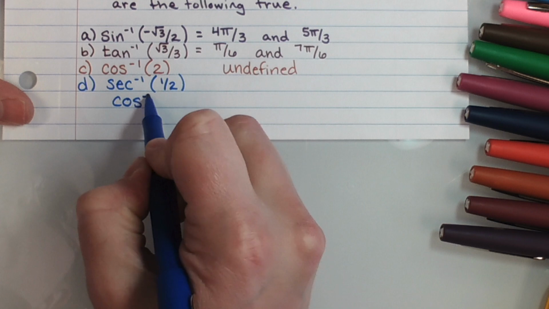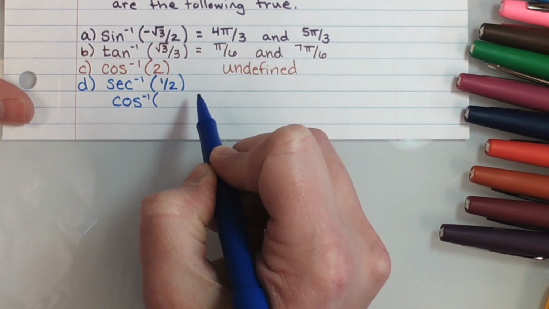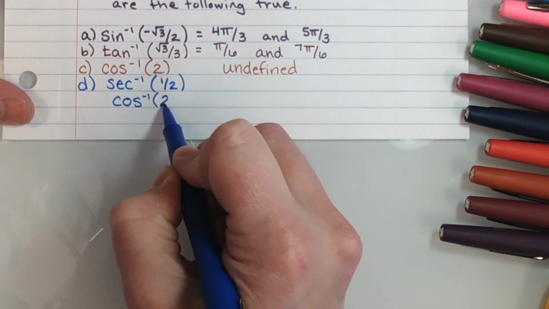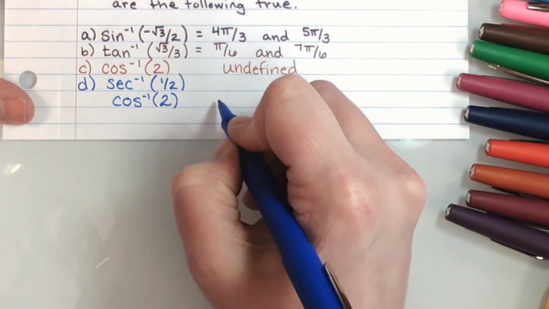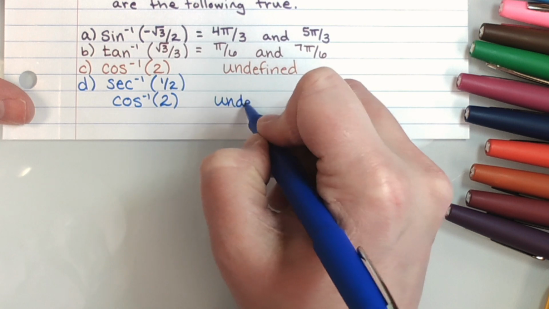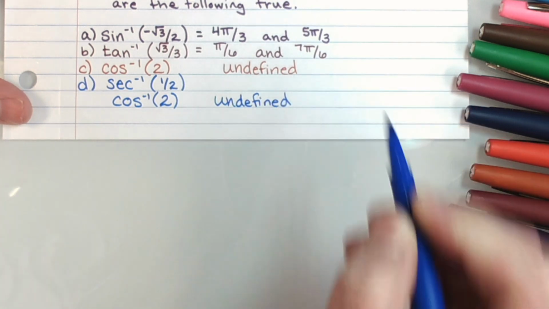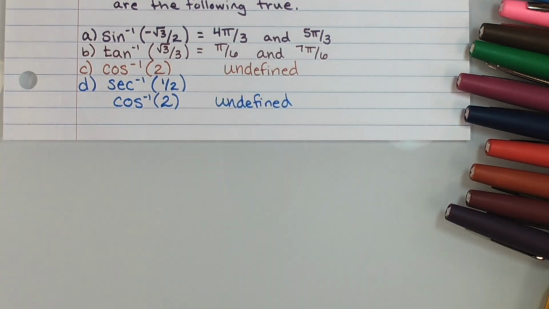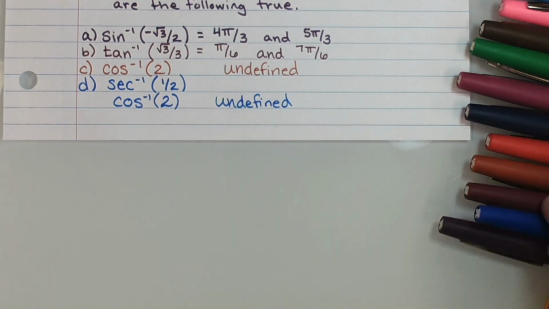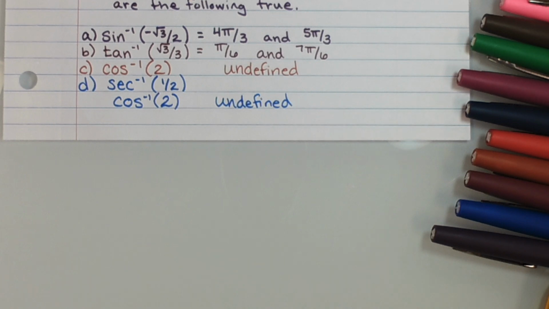Do cosine inverse of 2 over 1, aka 2. Which I wrote down the wrong thing. We already established this is undefined. So, if it tells you the range between 0 and 2 pi, you're using your unit circle. Otherwise, you're using your calculator.